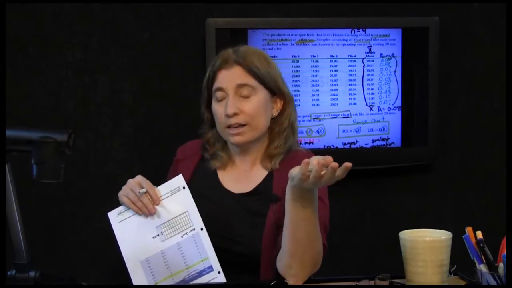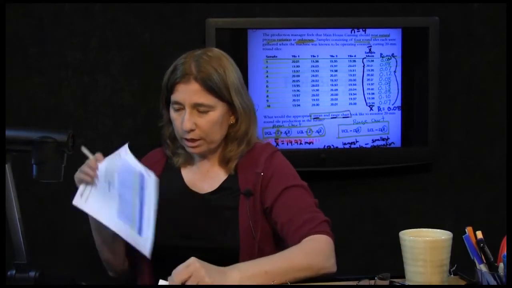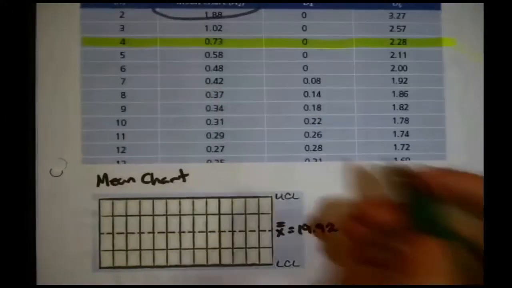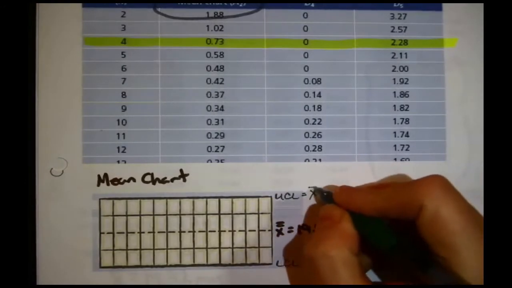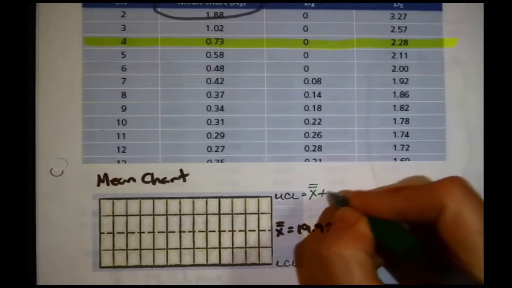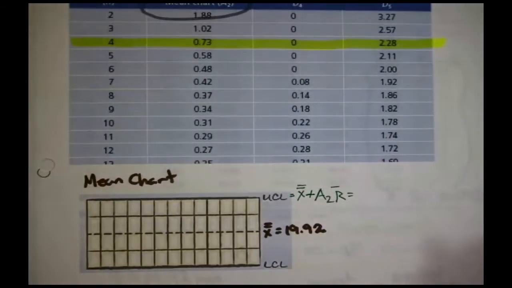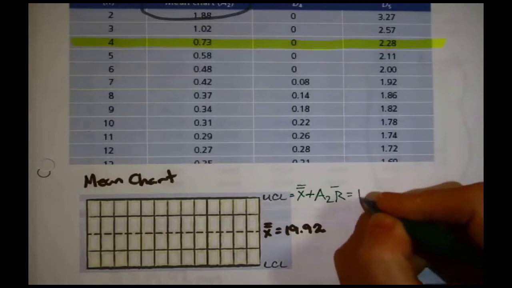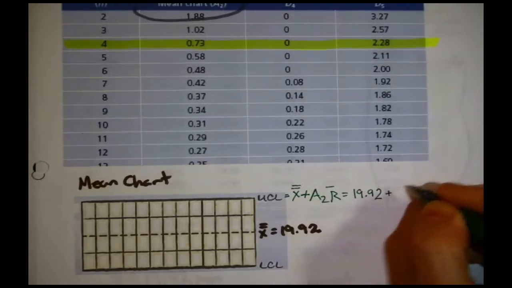Oh, all right. Now we finally have everything that we need, so let's finish this mean chart right here. The upper control limit is x double bar plus A2 times R bar. Just fill it in now. X double bar, 19.92, plus A2.